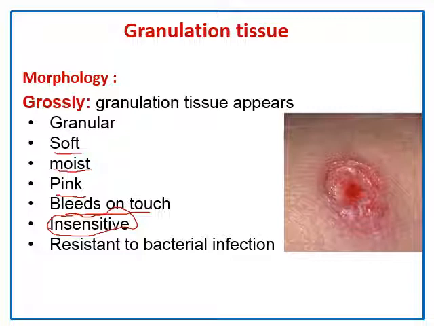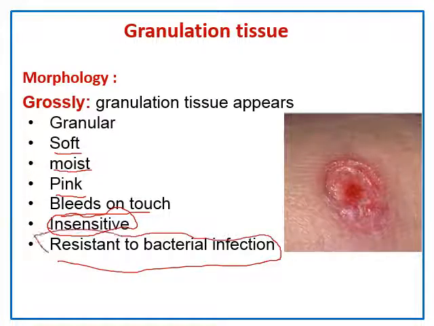Resistant to bacterial infection. Sorry, it's resistant to bacterial infection because there is much blood supply with many inflammatory cells. And we said before that inflammatory cells are responsible for phagocytosing any possible bacterial colonization and releasing antibodies that fix any bacterial infection.